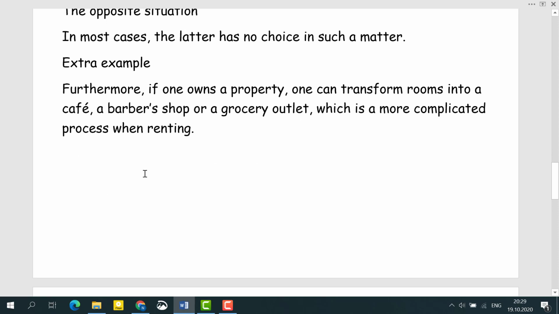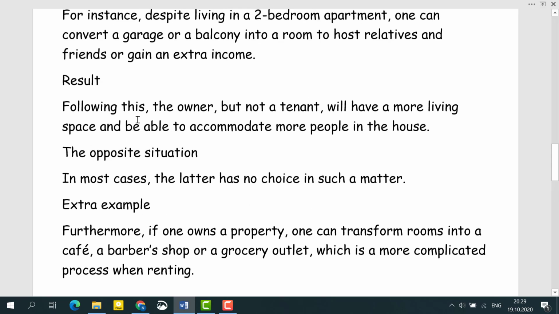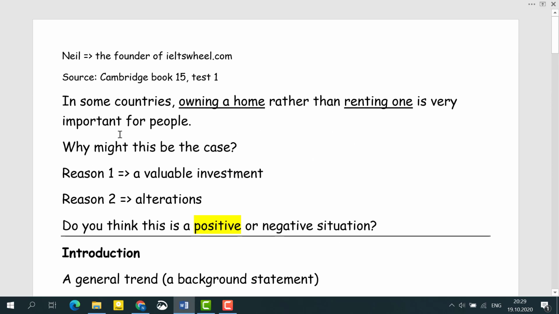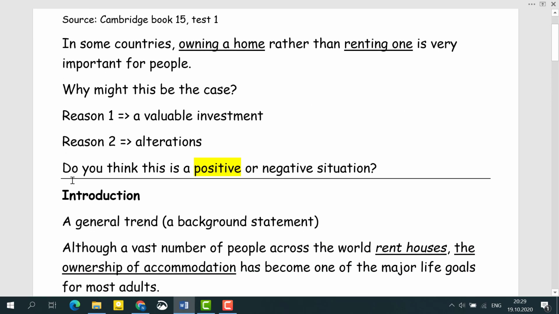Now, it's important to write the last paragraph, which is called the conclusion. Now, what do I need to do in the conclusion? In the conclusion, again, it's very important to provide your personal opinion. Do you think this is a positive or negative situation?